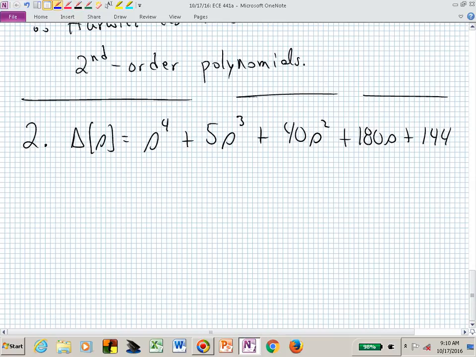And what do you do right off the bat if you're given a polynomial and asked to determine are all of the roots of that polynomial in the left half plane? You want to see if they're all present and positive. And here what may happen is I might have an s to the fourth and just not even write down the s cubed, and I jump to plus 40s squared.